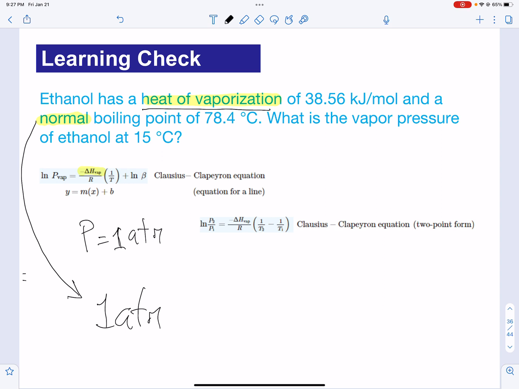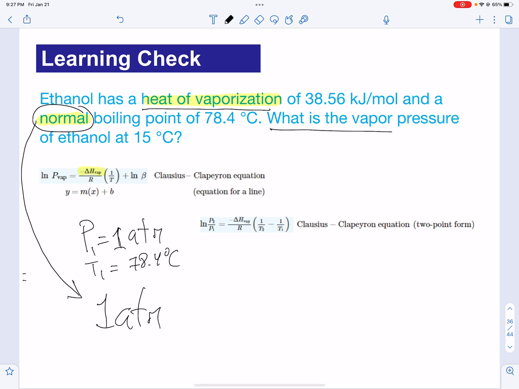So ethanol has a heat of vaporization of that much and a normal boiling point of 78.4. So it's telling us that P1 is 1 atmosphere of pressure, T1 equals 78.4 degrees Celsius. So normal is a super important key there because it's telling you it's 1 atmosphere.